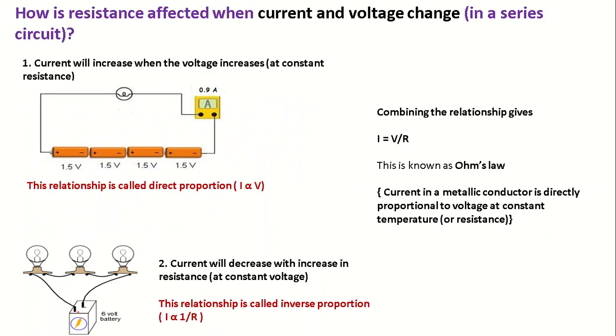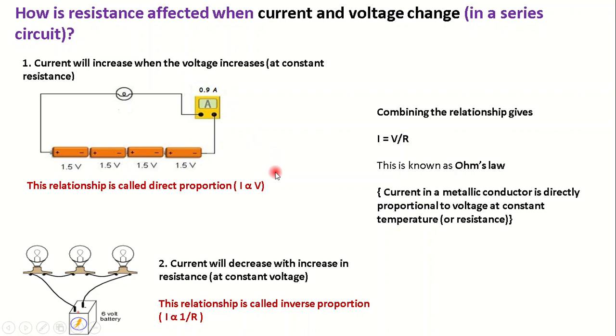How is resistance affected when current and voltage change in a series circuit? In a series circuit, we can alter the current, increase or decrease it, when we alter the number of cells. When we increase the number of cells, the current flowing is also increased.